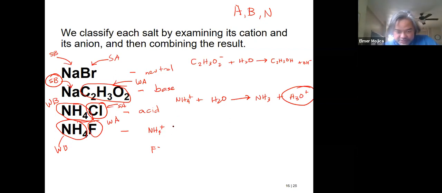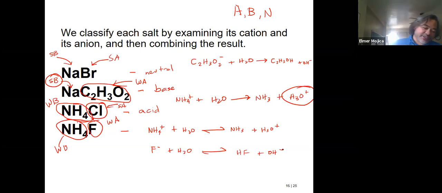So both of them will undergo hydrolysis. So you react it with water, you're going to produce NH3 plus H3O plus. And this one, when you hydrolyze it with water, you produce HF and hydroxide.